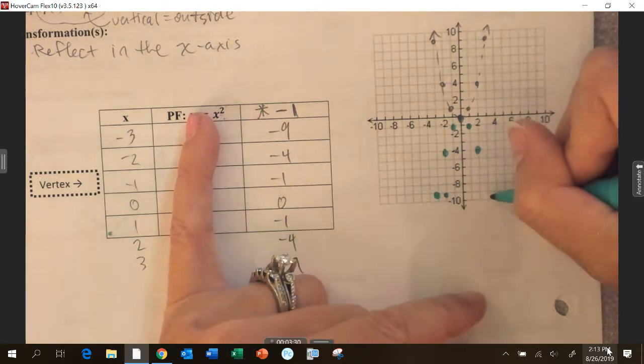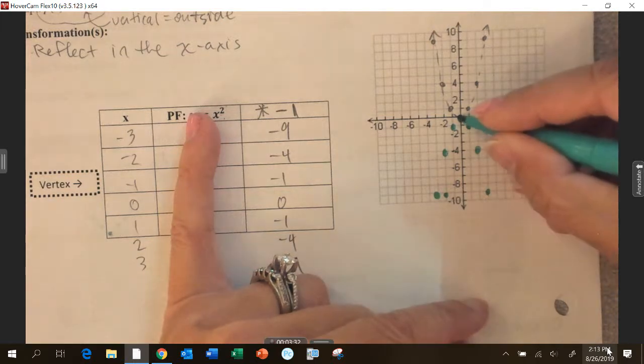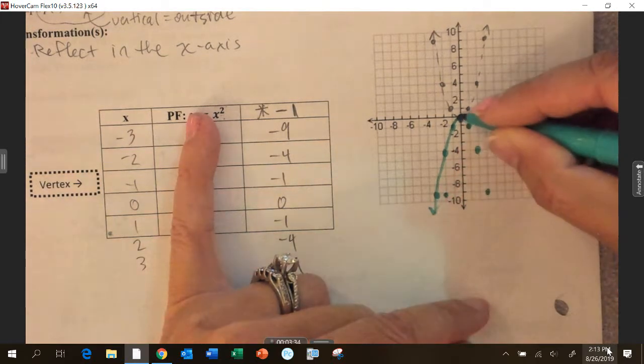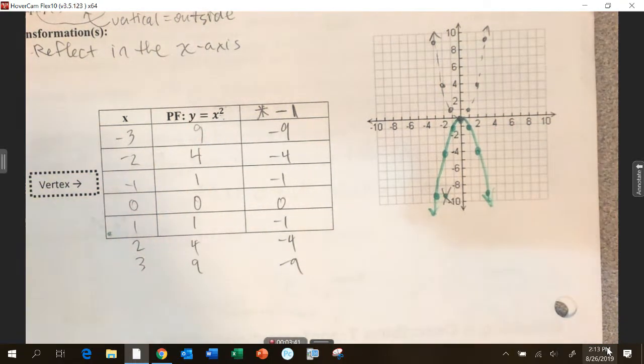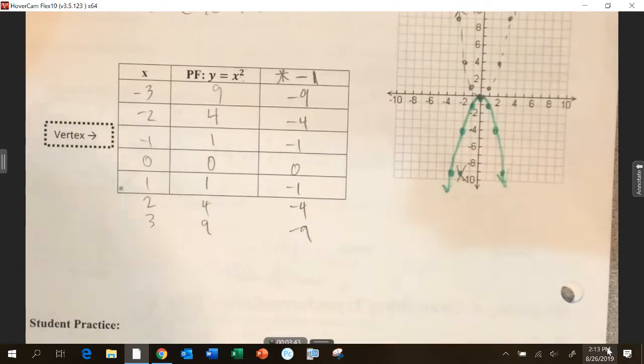I have an extra dot. I used something that doesn't erase, and I made an extra dot. Oops. So now we have our parent function, and we have our flipped, reflected new function.